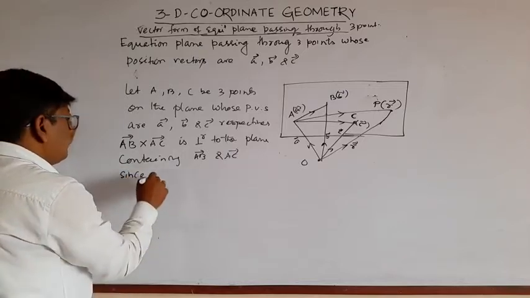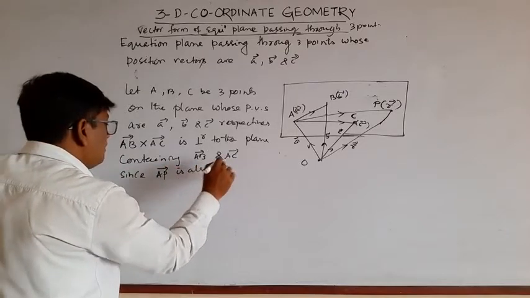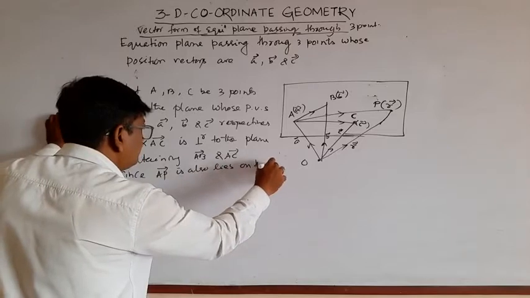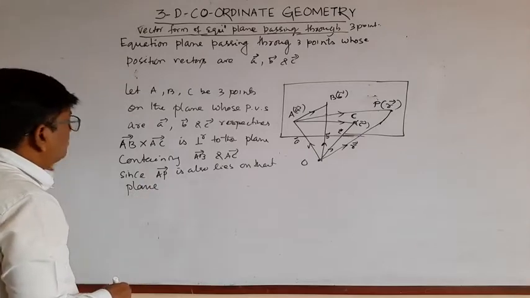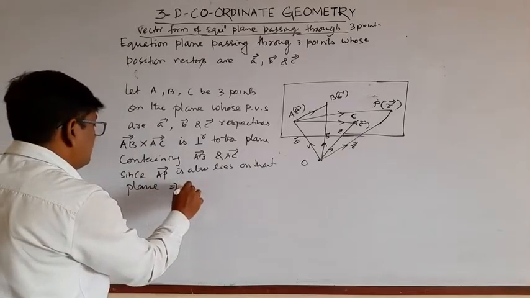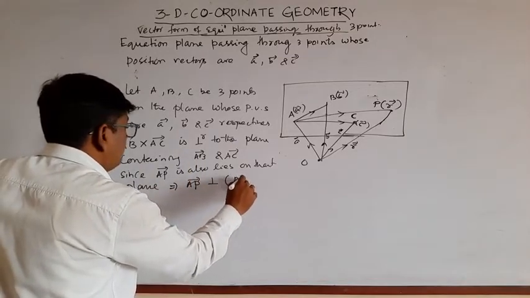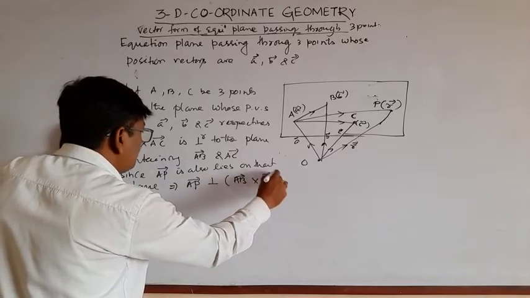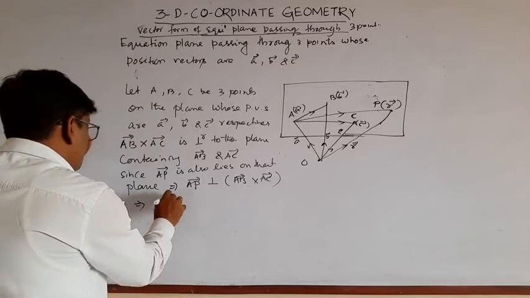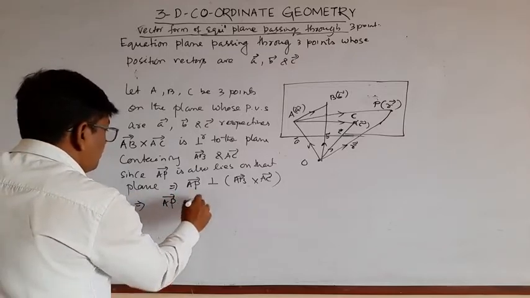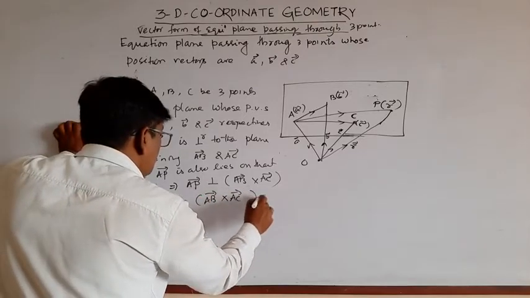Since AP also lies on that plane, AP is perpendicular to AB cross AC. That implies AP vector dot AB vector cross AC vector is equal to 0.